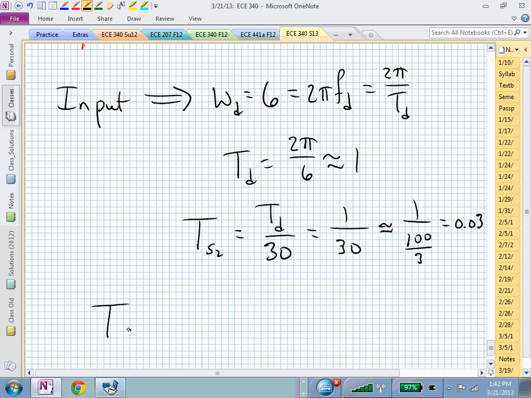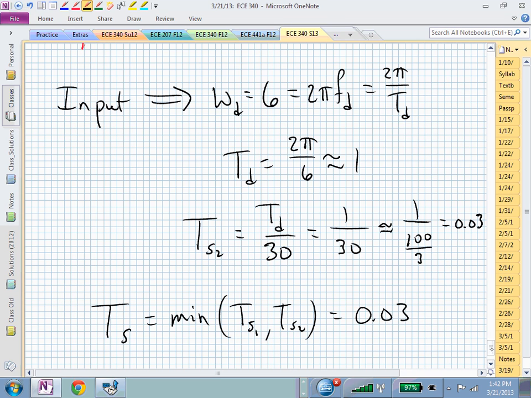So now, how do we sample? We take the minimum of those two, don't we? Or even less. And now the input is determining how fine we chop up. That's needing to be resolved better than the exponents in our natural decay of our system.